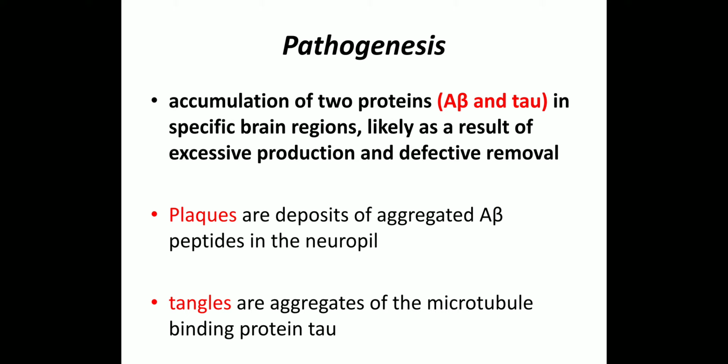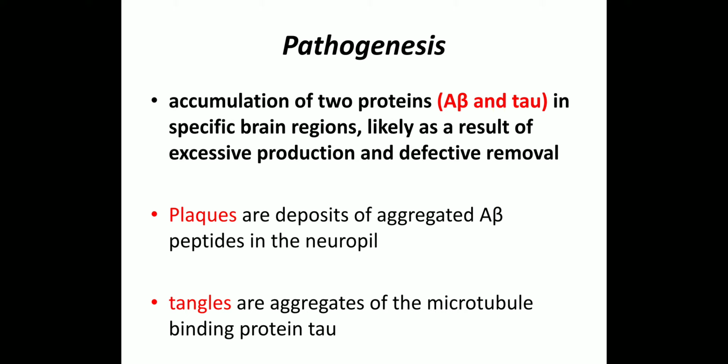Our body's mechanisms try to remove these abnormally folded or misfolded proteins with the help of several mechanisms like the ubiquitin pathway, proteasome degradation, etc. You don't need many details of that, but just know that these proteins are defective, and in normal individuals they are usually removed with the help of several mechanisms.